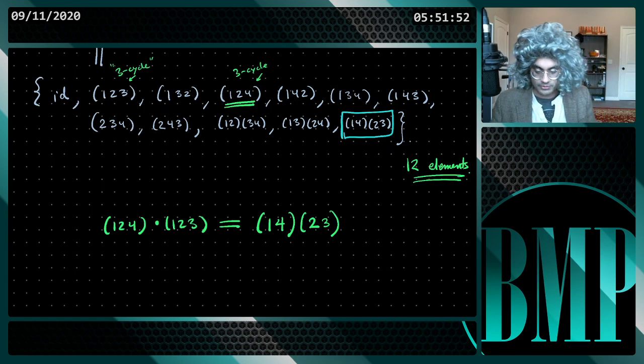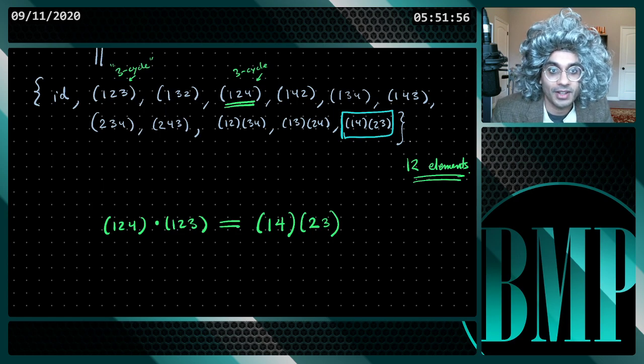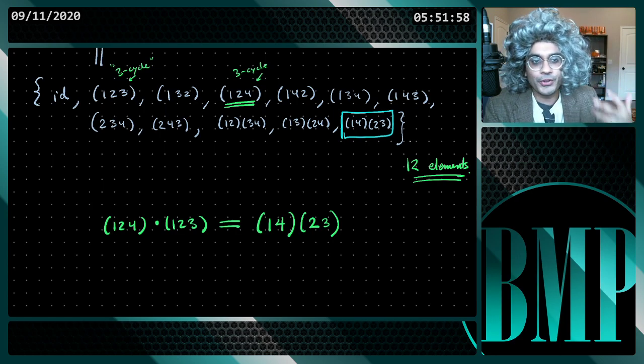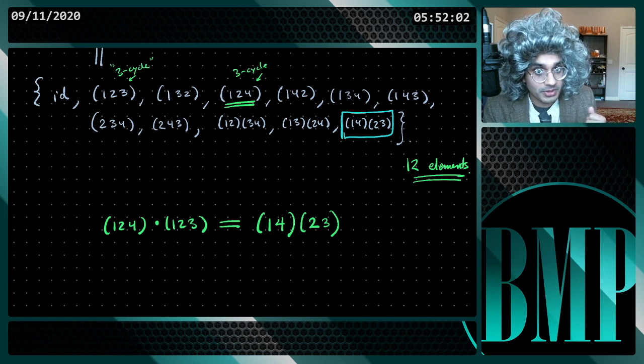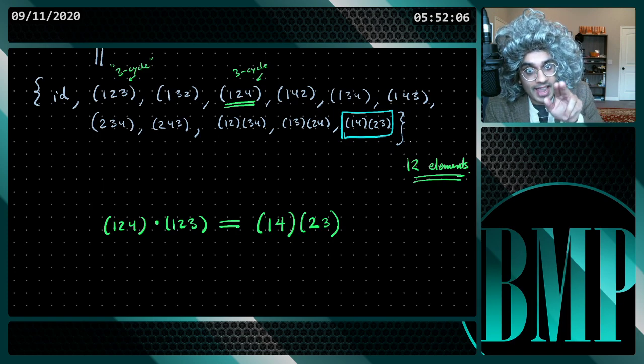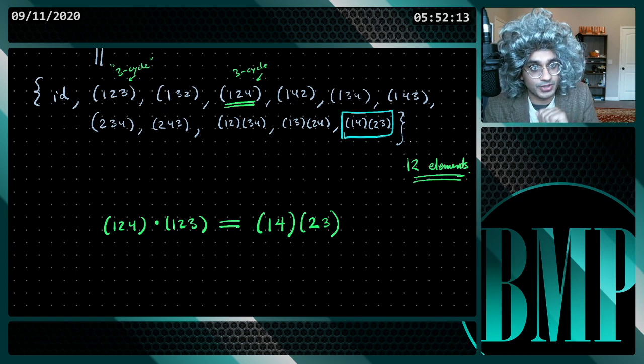In this case, it's (1 4) times (2 3) in cycle notation. So if you thought initially that maybe those 3 cycles form a little subgroup, including the identity, you'd be wrong. If you include the 3 cycles, you have to include these 2 plus 2s as well.